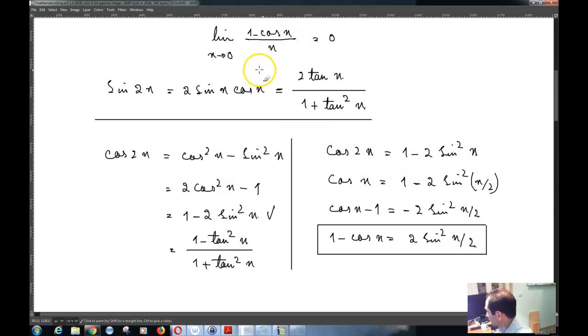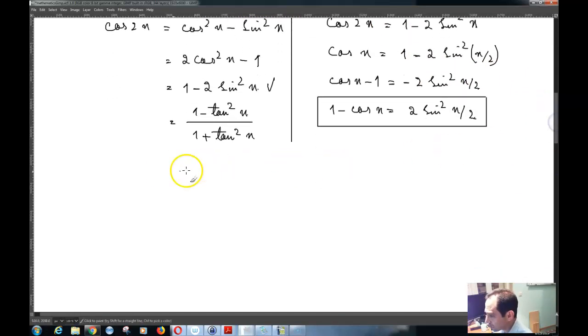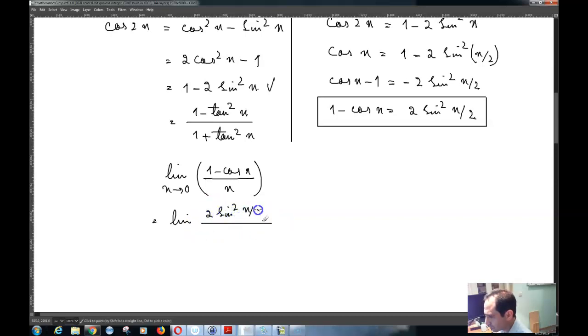So what that means is that instead of the limit of 1 minus cos x by x, when x tends to 0, you can write the limit of 2 sine squared x divided by 2, divided by x, as x tends to 0.